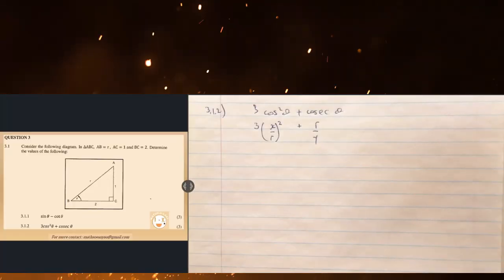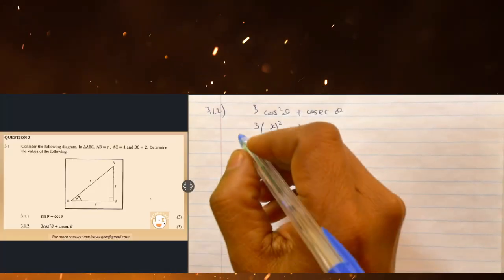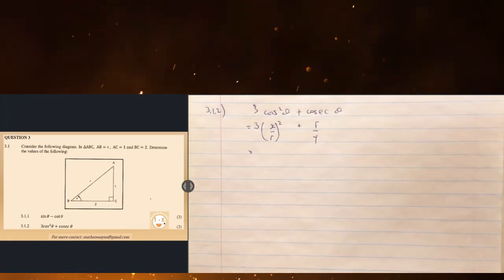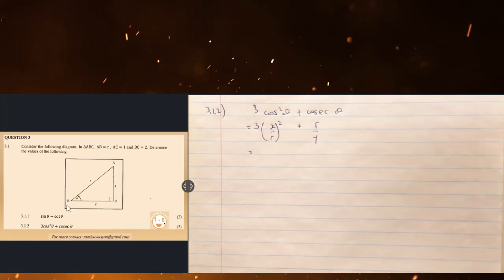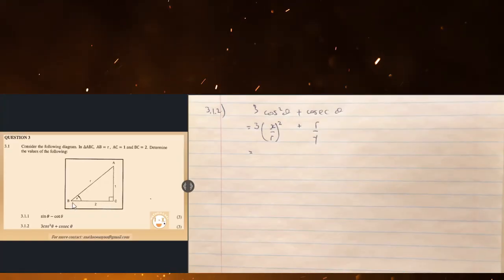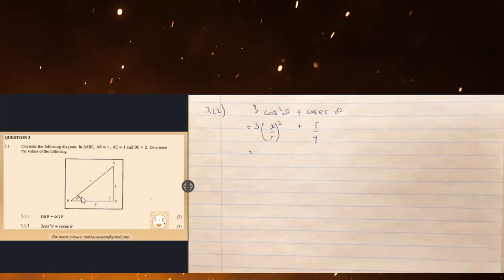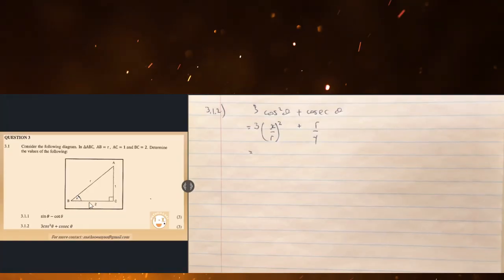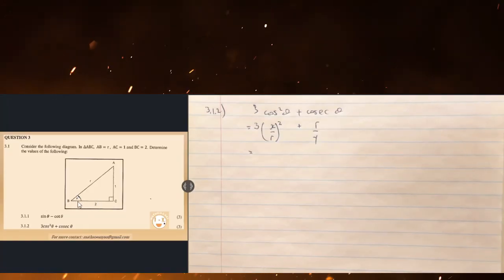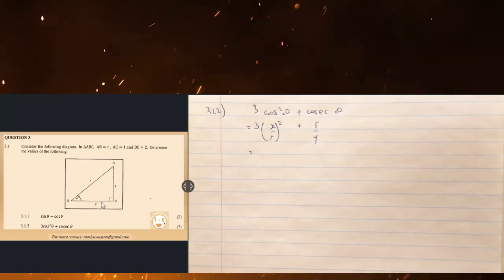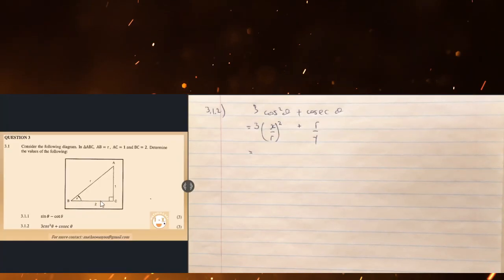Then we go back to our diagram and see what we have for x. Why do we use x? This side here, which is our adjacent, can also be referred to as x because it is along the horizontal plane, the x-axis.